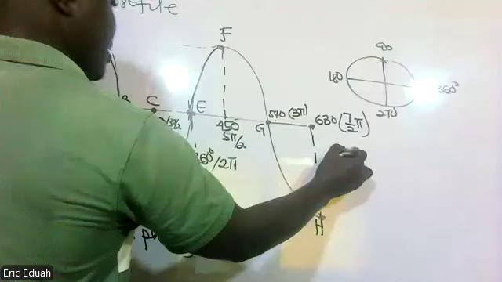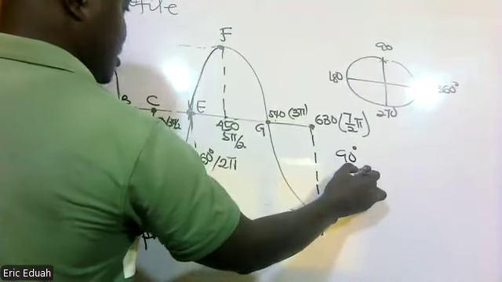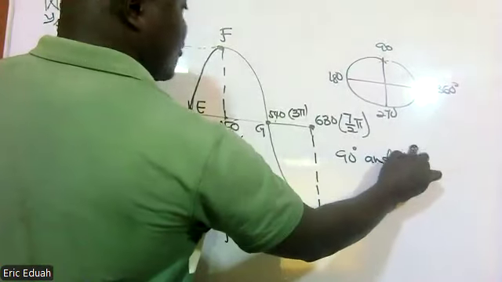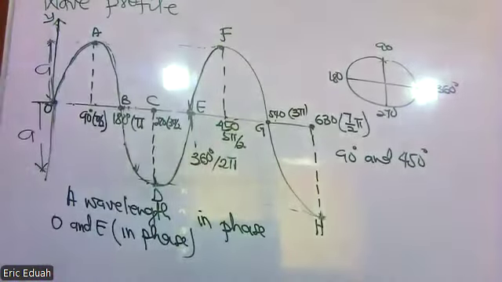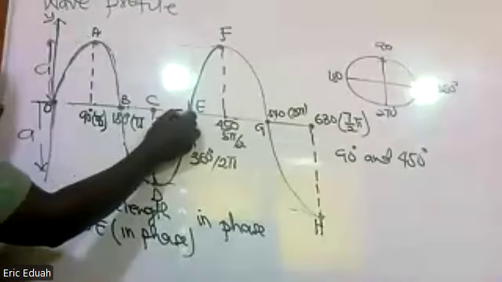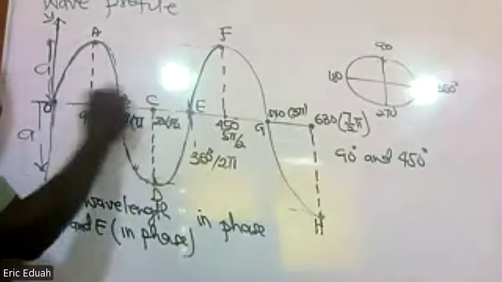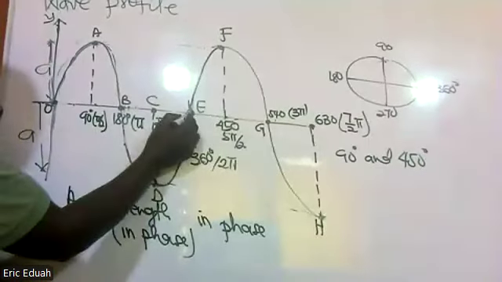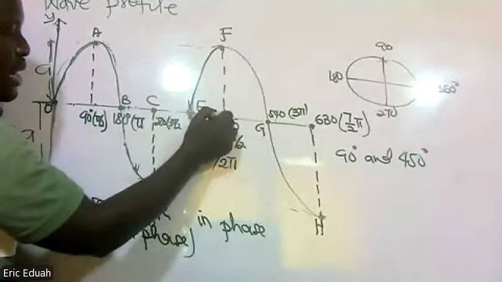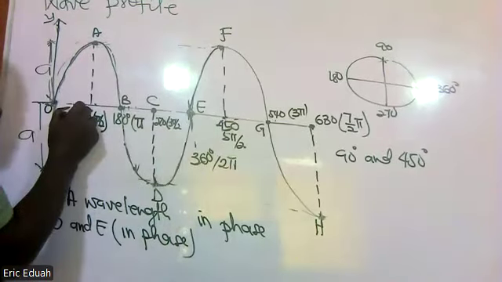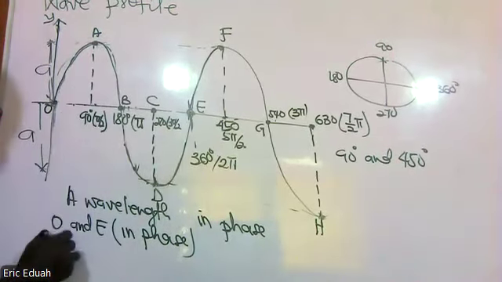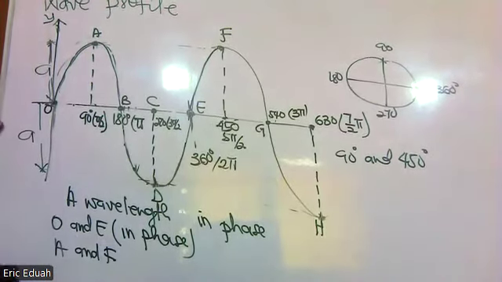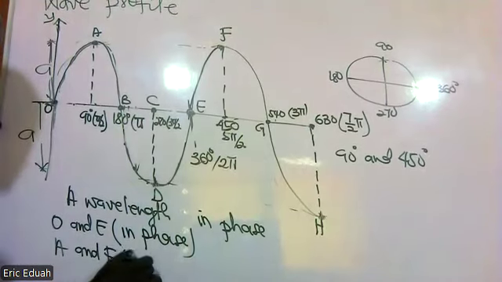So 90 degrees and 450 occur at the same angle. Once this is 360, which is the ending and the beginning of this full wave, this point's angle is the same as 90. So the points A and F occur at the same angle, and so they are also in phase.